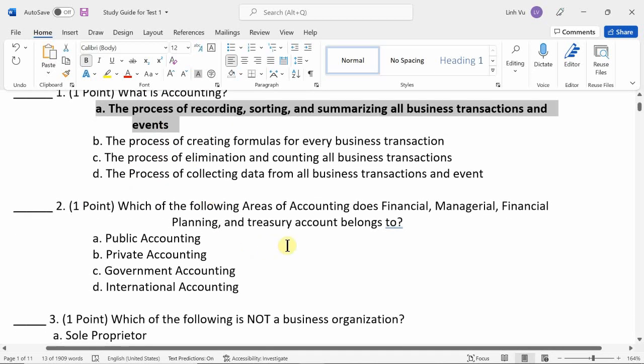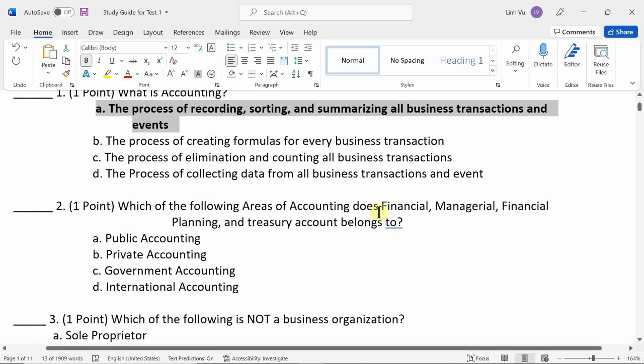Number 2, which of the following areas of accounting does financial, managerial, financial planning, and treasury accounting belong to? Private accounting.